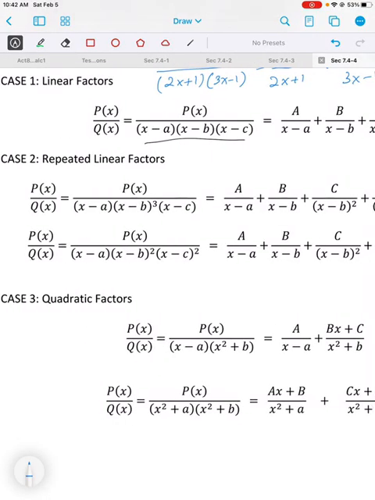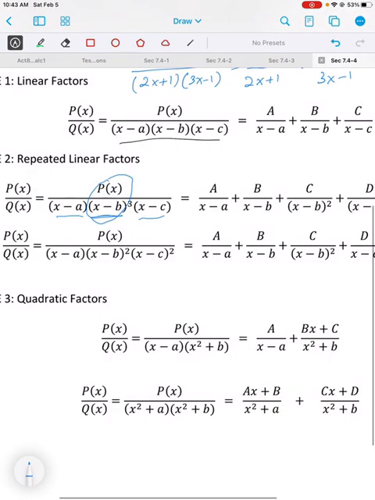Now, I mentioned this before, but here I'm putting it again. If you have a repeating factor which is repeated 3 times, notice I have also put 2 other linear factors which are different from this repeating one. Then you will have a over this first linear factor, plus b over this linear factor, and then start writing the 3 rational expressions which will be coming because of this.